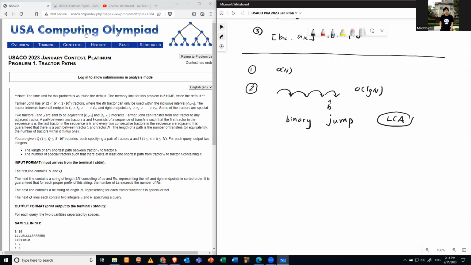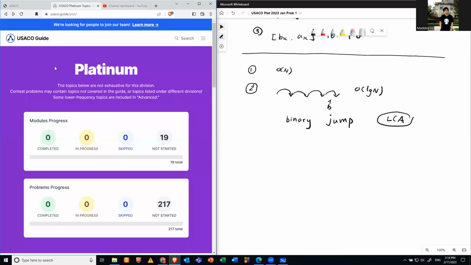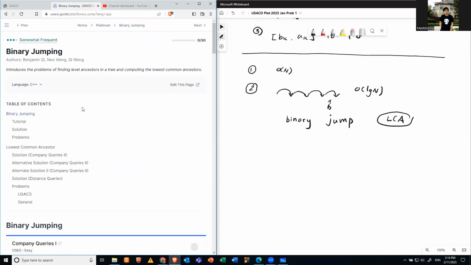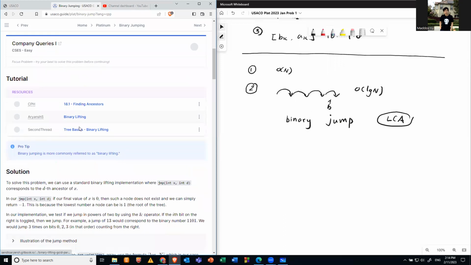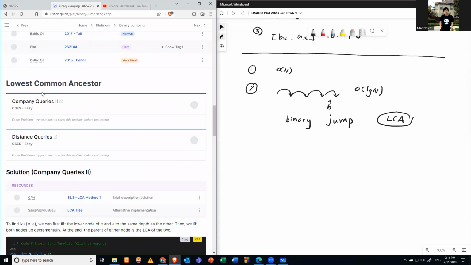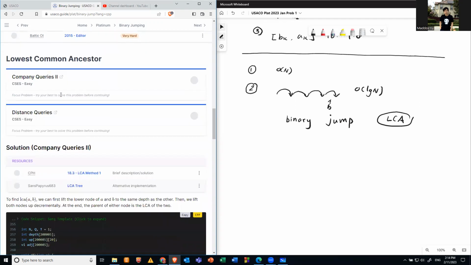Okay, so let's go back to the USACO guide. In the USACO guide, at the Platinum level, we talked about binary jumping. That was a problem for us to solve LCA in log n time.